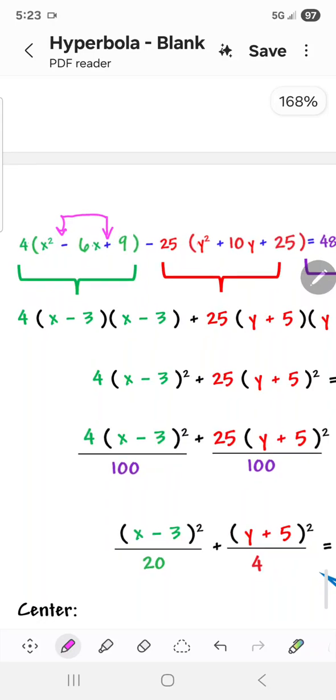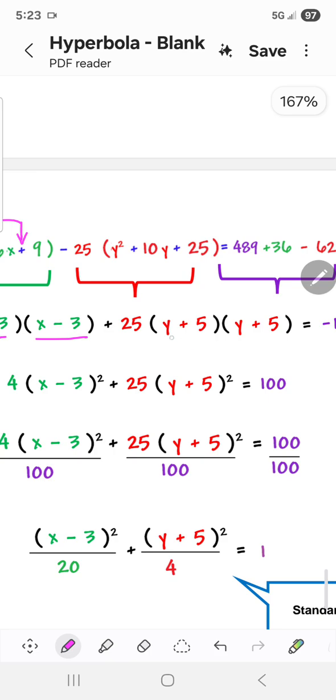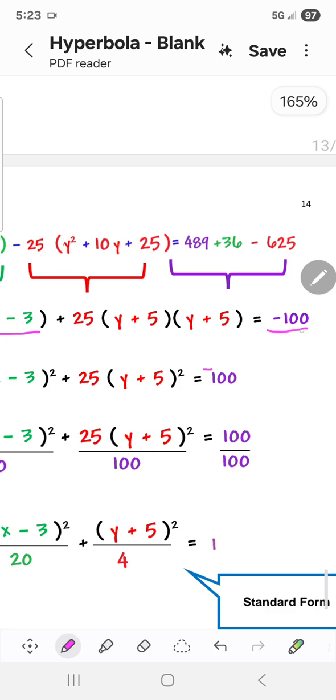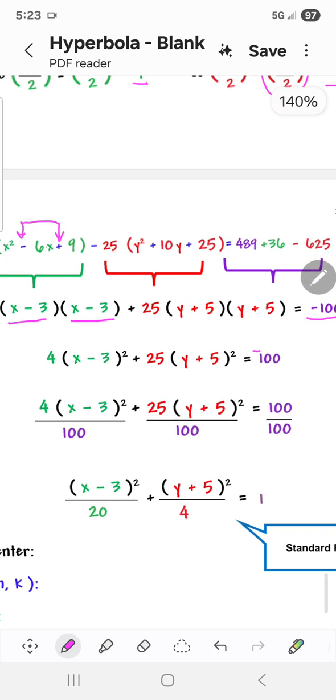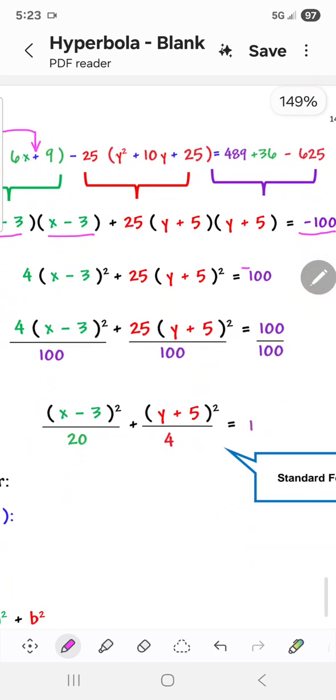When you have something written down twice, x minus 3 and x minus 3, write it down with a squared term. Same thing over here: y plus 5, written with a squared term. And I lost my minus sign, right? Minus 100 on this side. Next, in order for this to be a hyperbola, I have to have this side equal to 1.